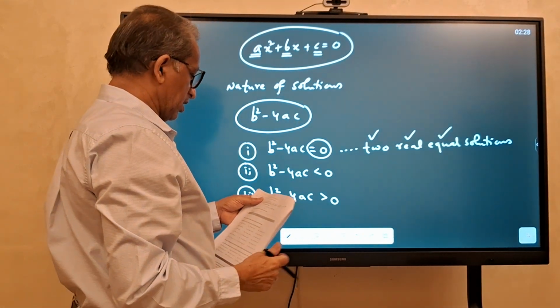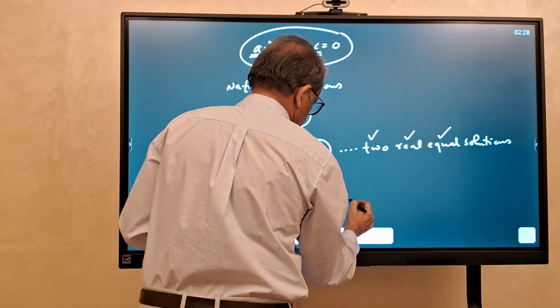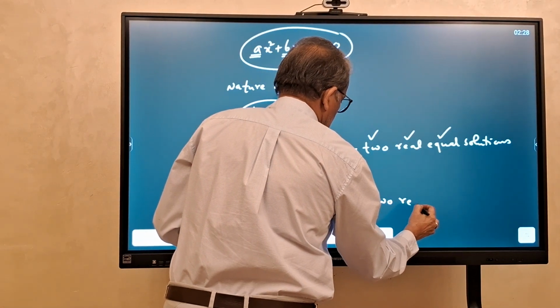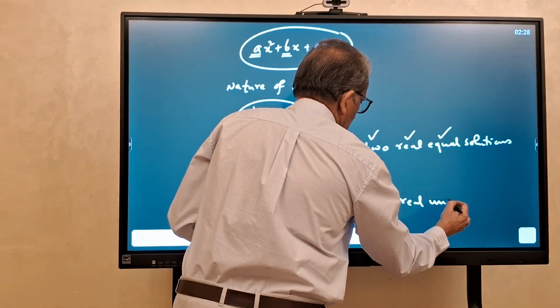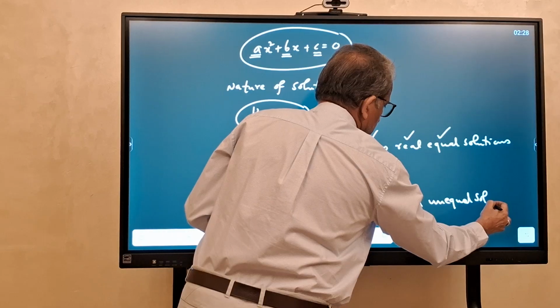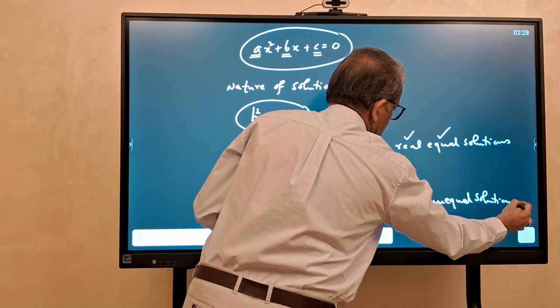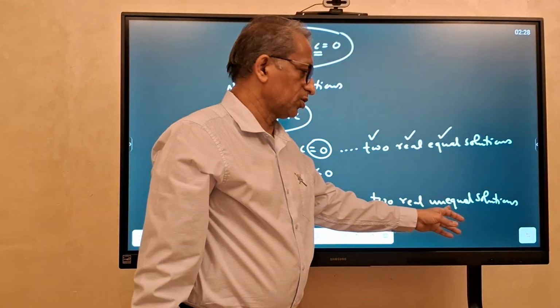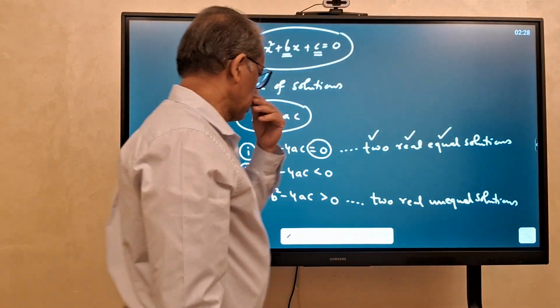If it is greater than 0, here we have two real unequal solutions. That means we have two real solutions and both are different, not the same.